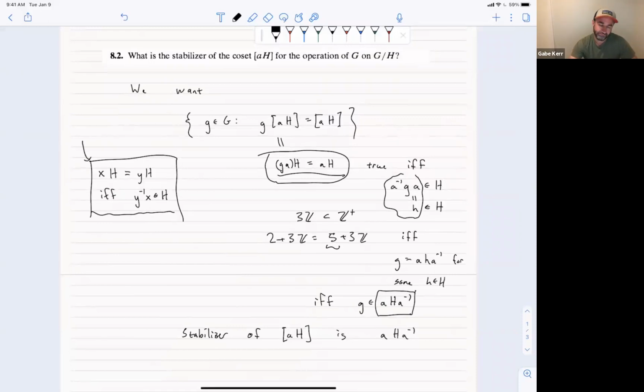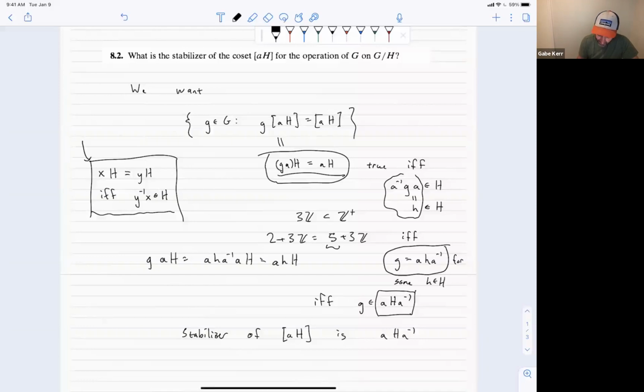Non-abelian groups are a little tricky, and some of the lack of normality is kind of interesting. Another way of thinking about it is to ask what happens if we do have something like this. Then G times AH is A inverse A h, G equals A h A inverse, right?